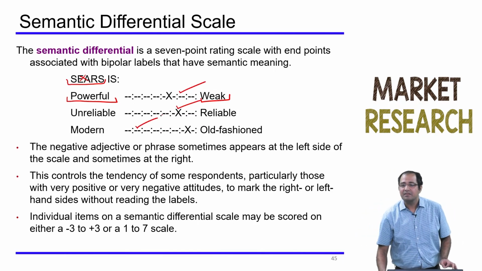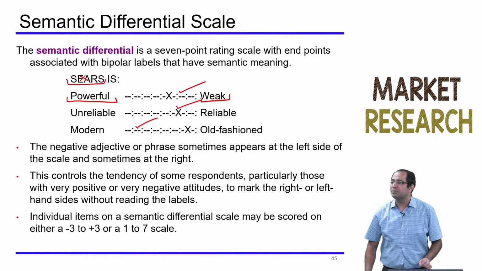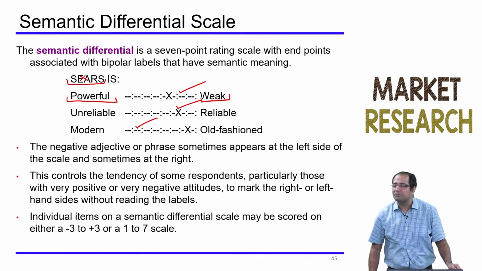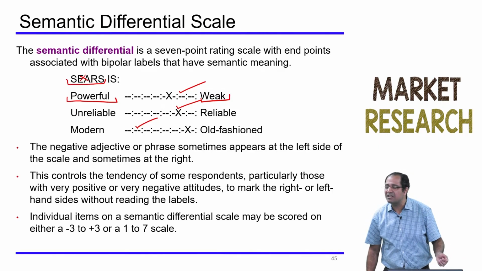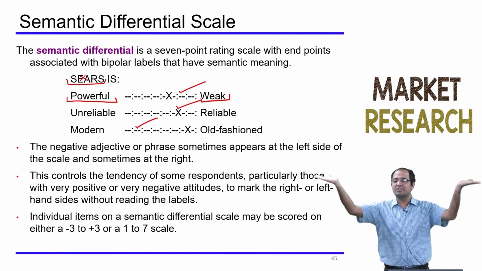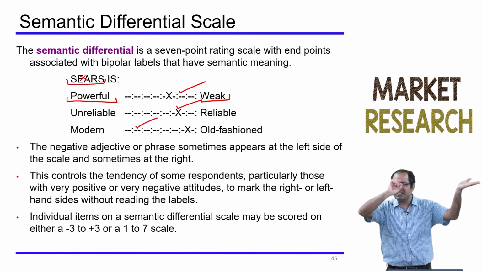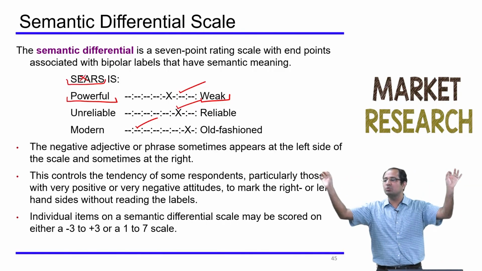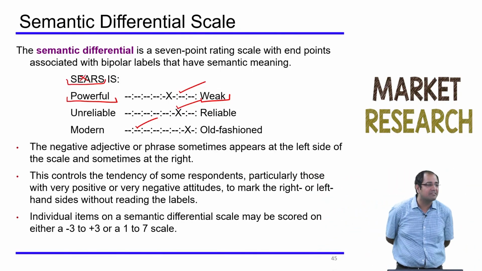If towards unreliable, you will say modern, old fashioned. So here the difference with the Likert item scale is, in the semantic differential scale, you use the descriptor on both sides. Both positive and negative descriptors you use. And the respondents have to mark closely to the descriptor they feel is representative.